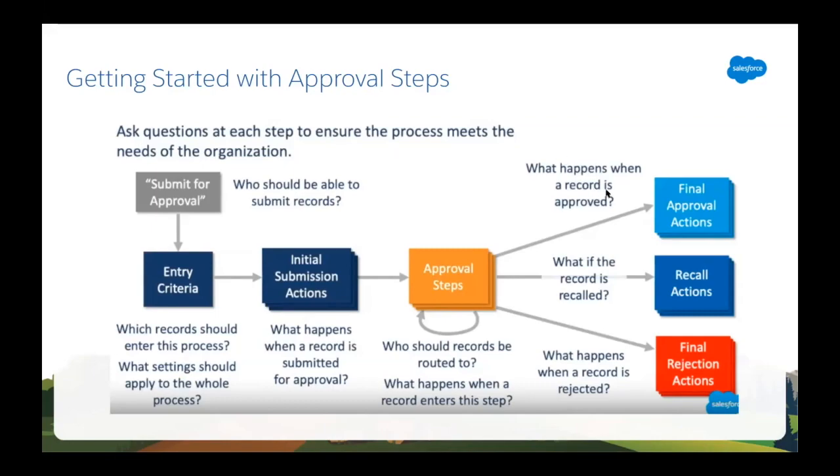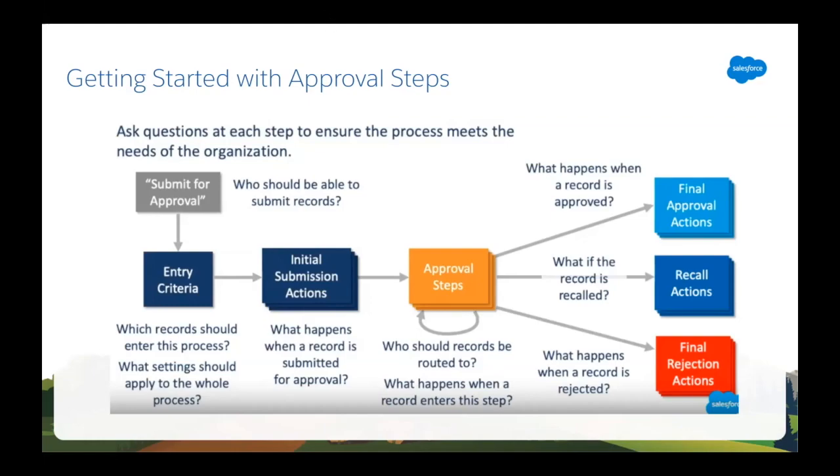What happens when a record is approved? So what action should the user take? What happens if the record is recalled? I don't know if that is used frequently. A lot of people do not talk about this one, and this one was not on the exam.